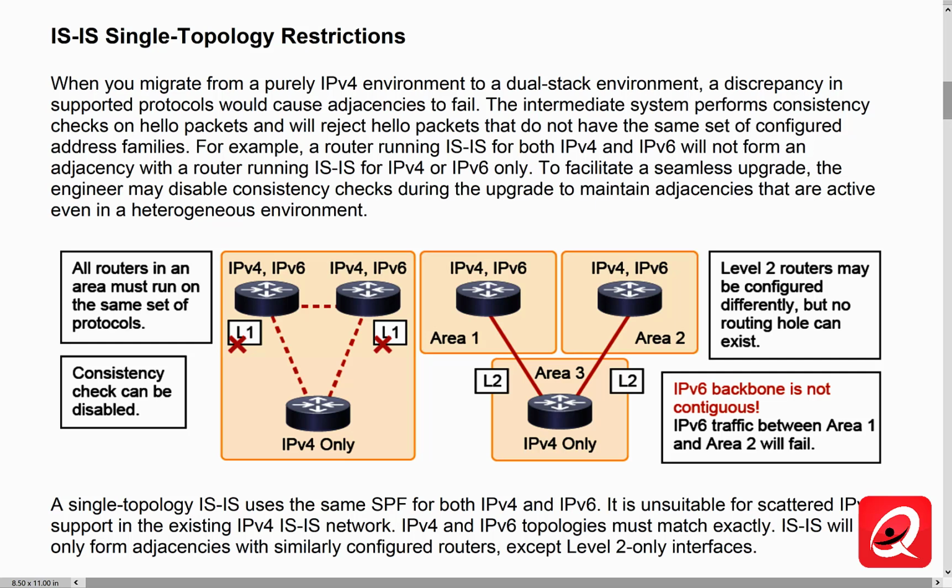Suppressing that adjacency checking on those intra-area links or layer 1 links is done during the transition, I should say, from a single topology to a multi-topology design. So it's supposed to be a stopgap measure. It's not supposed to be a permanent solution, in other words.